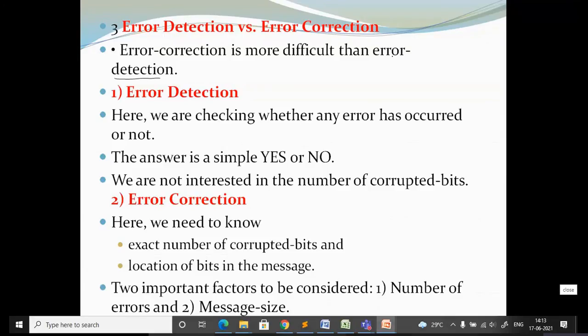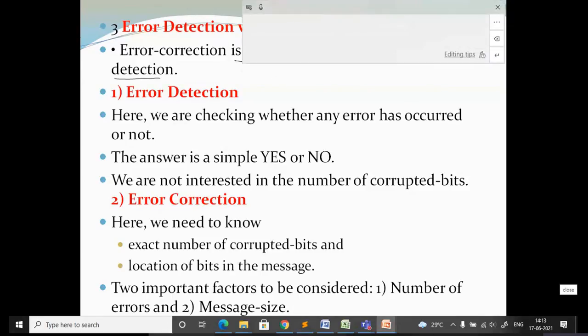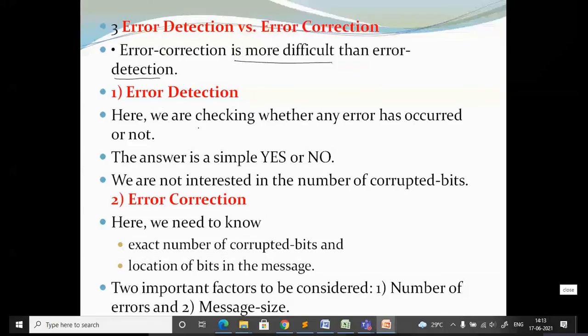What is the meaning of error detection here? Here we are checking whether any error has occurred or not. That's all. We check whether there is any error in the received data. If the answer is yes, that's all; you are not going to do anything else in error detection.